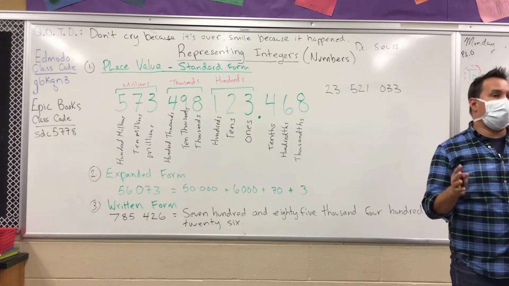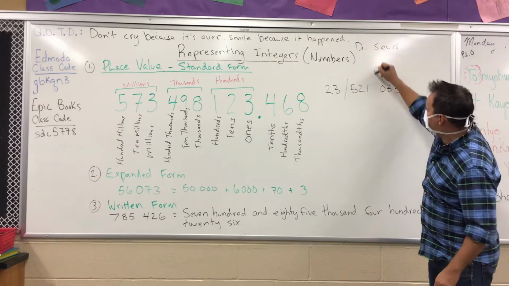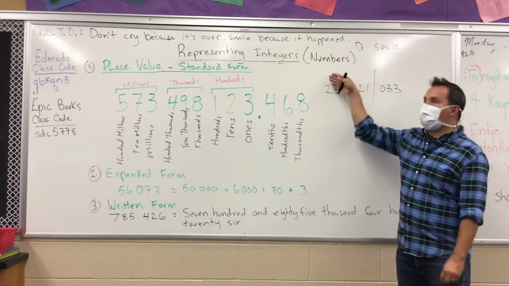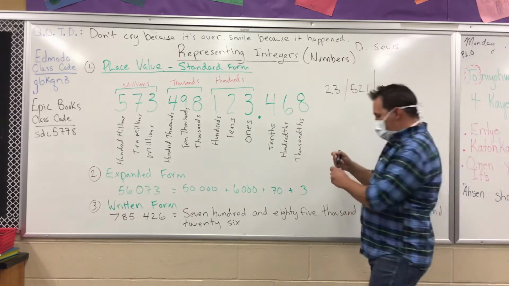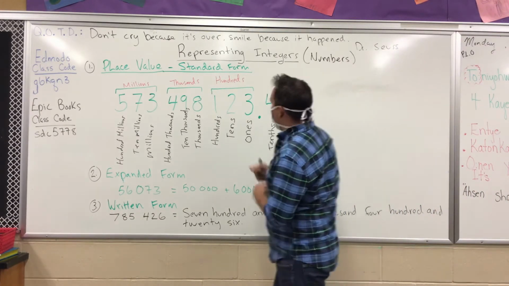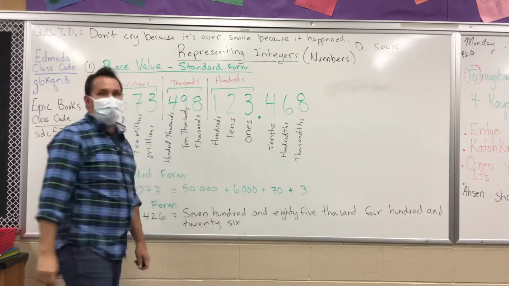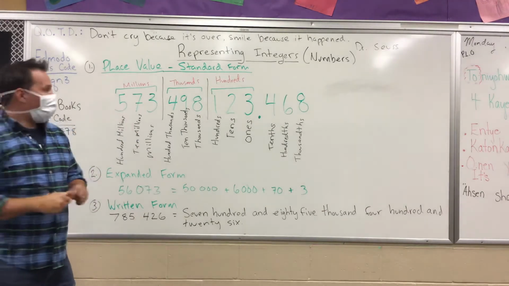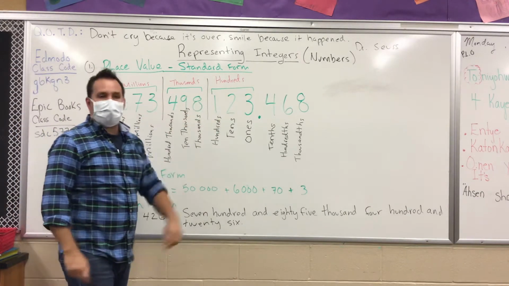So whenever we're reading numbers in standard form, every time we're getting to the break points, we have to go back and say the house word. Right? Every time we get to the break points. And those break points you see are those in between houses. There and there. Okay? So, we've got 573,498,123.